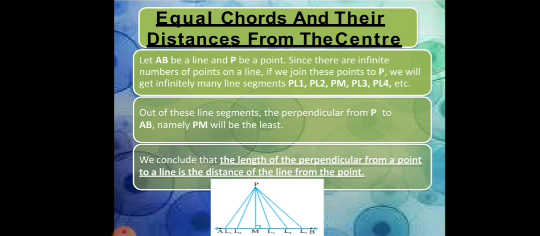Since there are infinite points on a line, if we join these points to P, we get infinitely many line segments PL1, PL2, PM, PL3, PL4, etc. Out of these line segments, the perpendicular from P to AB, namely PM, will be the least. So we conclude that the length of the perpendicular from the point to the line is the distance of the line from the point.